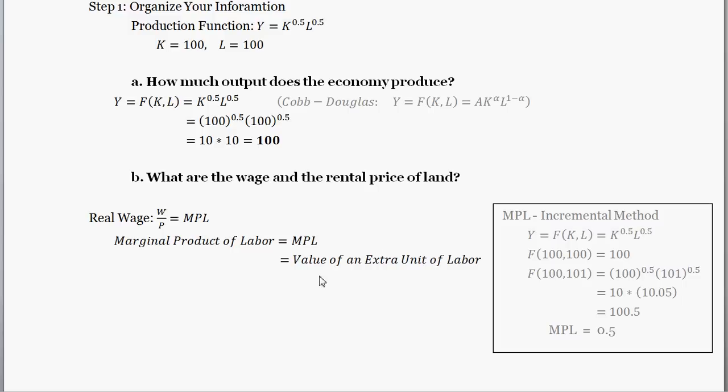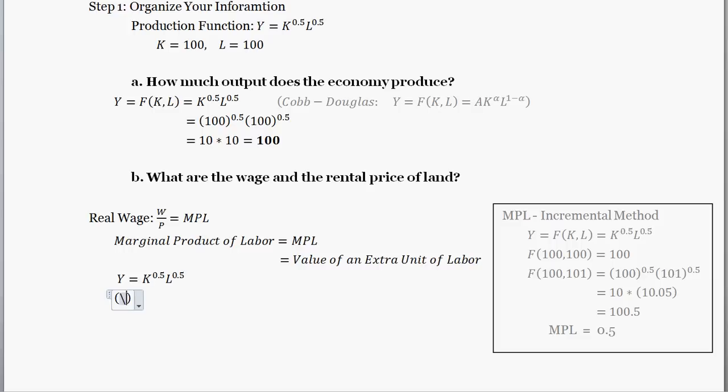So the marginal product of labor is the value of an extra unit of labor. And if you remember calculus, by taking the derivative of something, you could find how one thing changes when you change another thing. So we have Y, our output, and it's equal to this equation. What we could do is take the derivative of it.